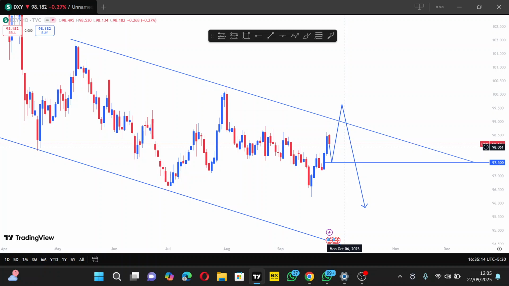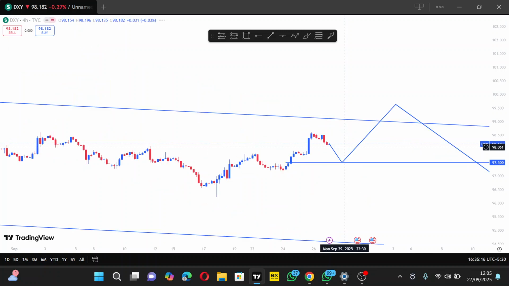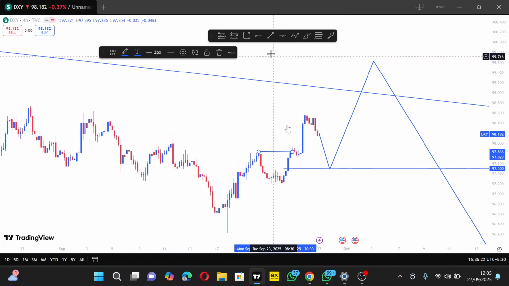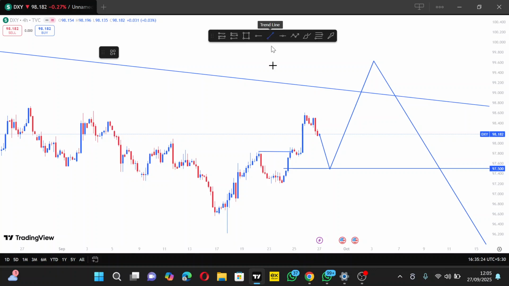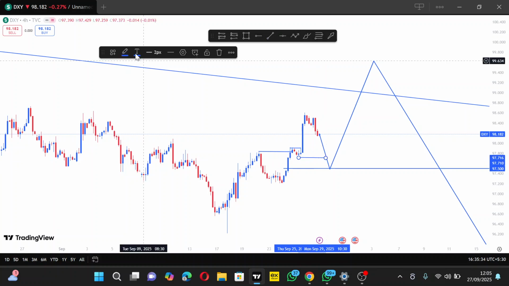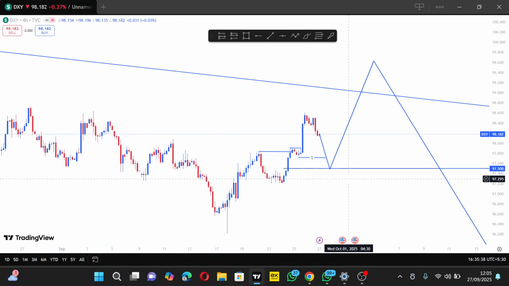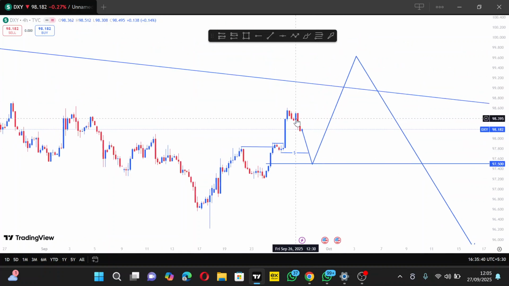Let's go to the 4 hours time frame. DXY now, we are expecting a pullback. These are good breaks of structure. This is internal break. So here now turns liquidity. I'm expecting DXY to come and sweep this low, tap here, then we buy again.